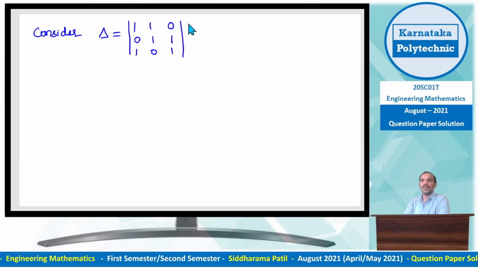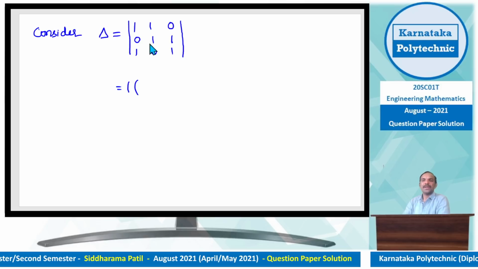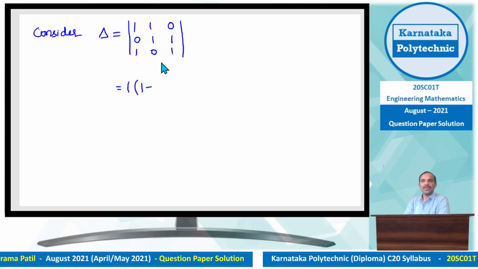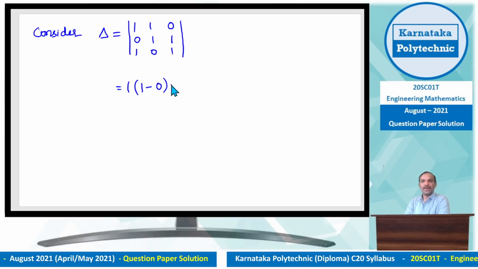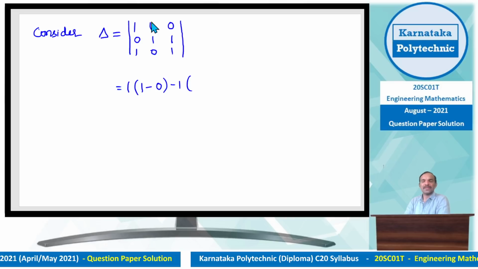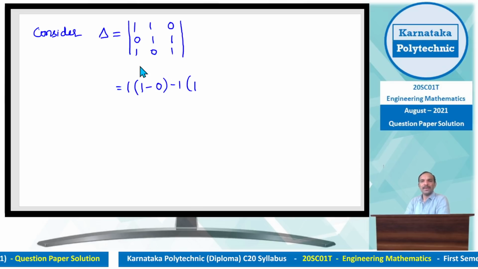Delta is equal to, you have to solve that, expand the determinant. 1 into the first, positive, negative: 1 into the minor 1 1, minus 0 into 1 0, minus 1 into, first row second column deleted, 0 into the minor 1 1, minus 1 into 0.